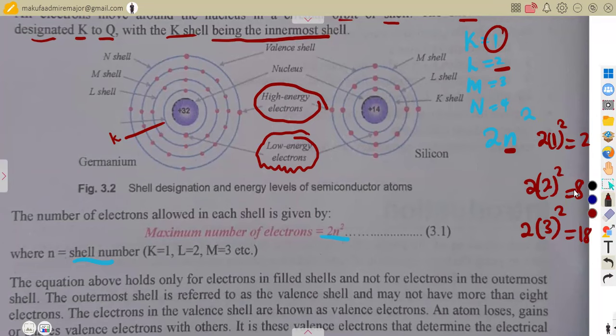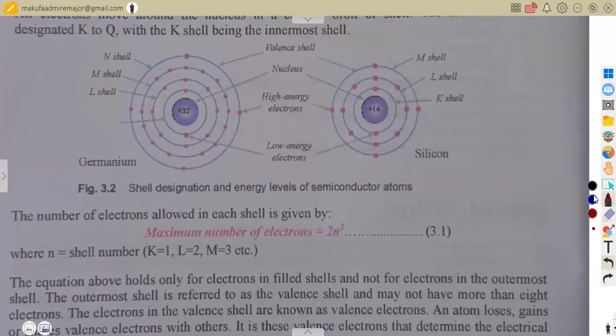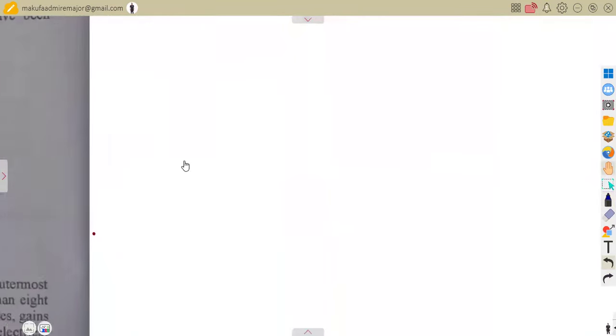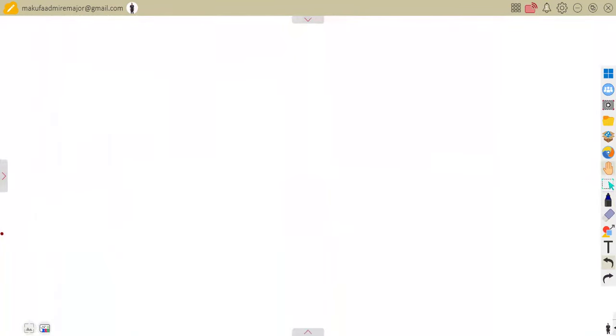So for an example, you are given silicon, which has 14 electrons from the atomic number of 14. As you are to represent that silicon, we have the 14 according to our atomic number.